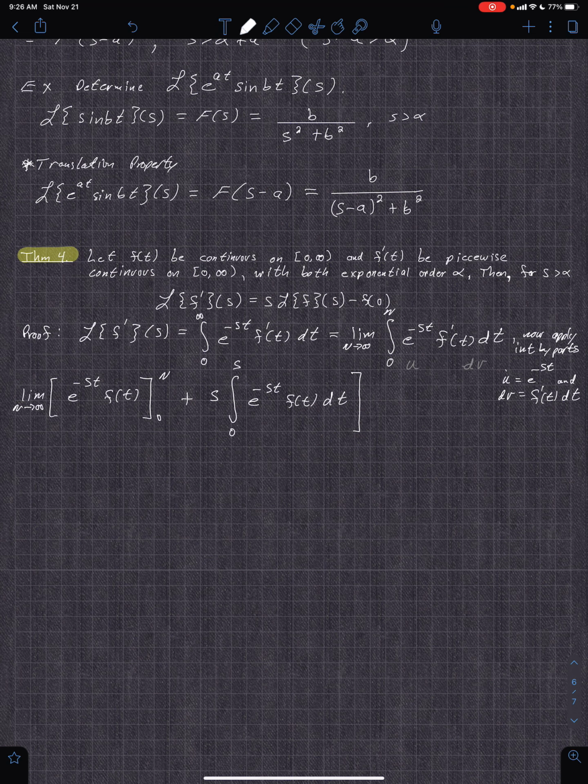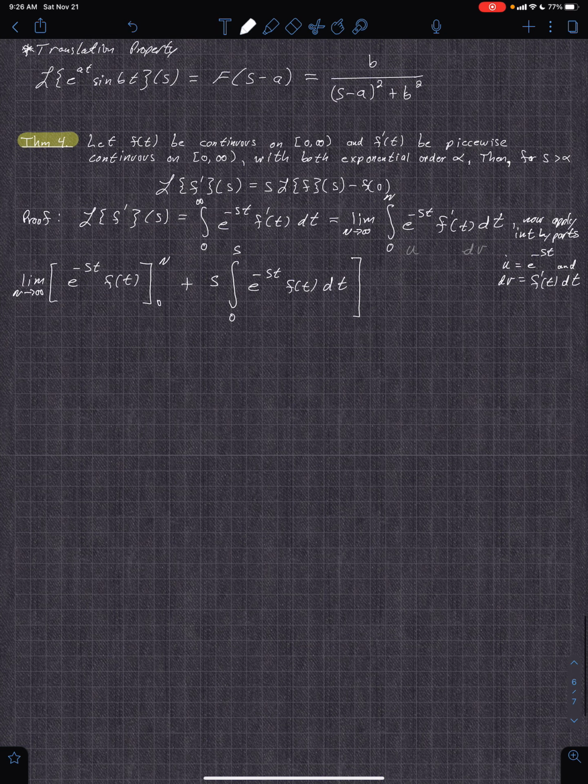All right, so that's equal to the limit e to the negative sn f of n minus f of 0 as n approaches infinity.